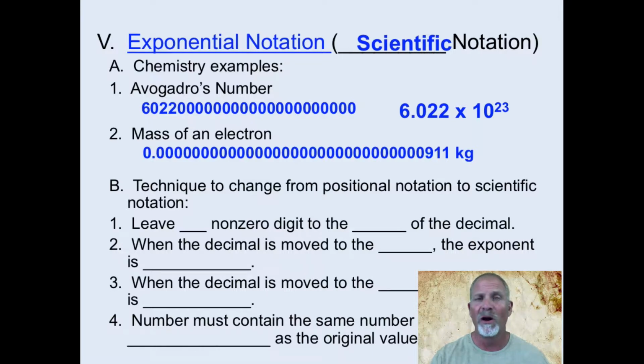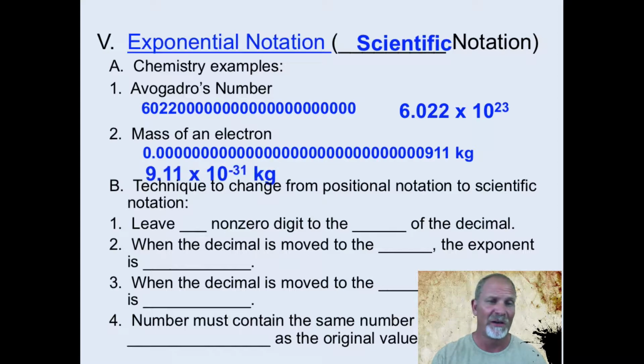So I want to move it all the way over so only the 9 is to the left of the decimal, and all I have to do, really easy, is count the zeros and the 9, and I count that number all the way over, and there will be 31. Now, since I'm starting out with a very, very small number, my 31 spaces are actually going to be negative, telling me that my number is very, very small.